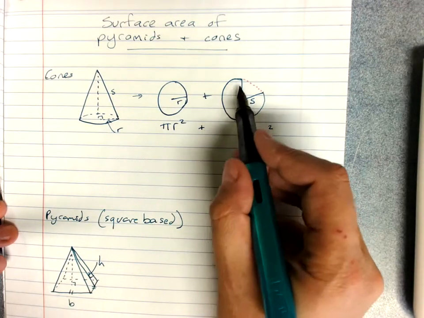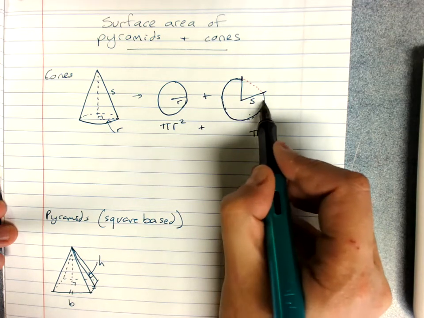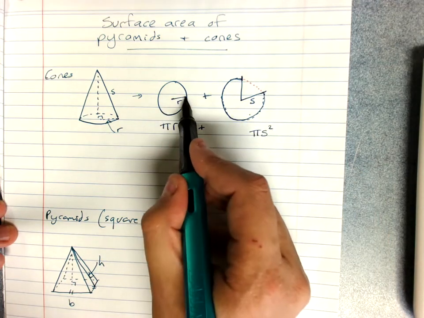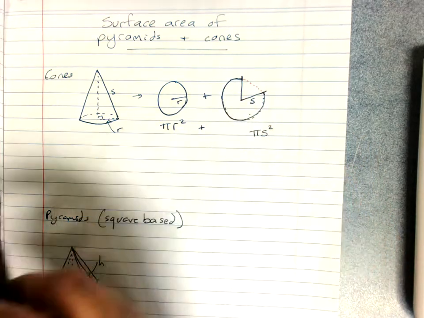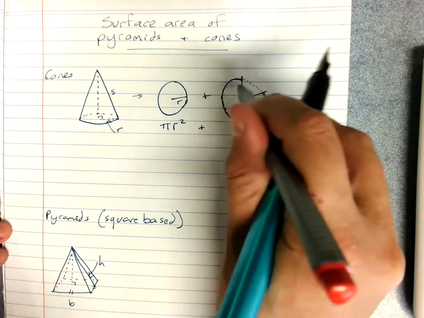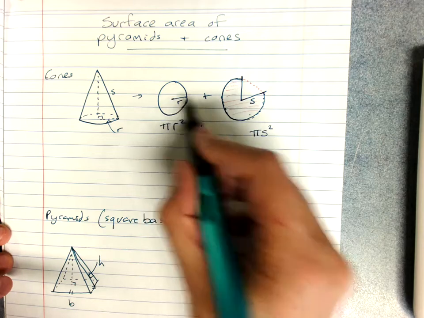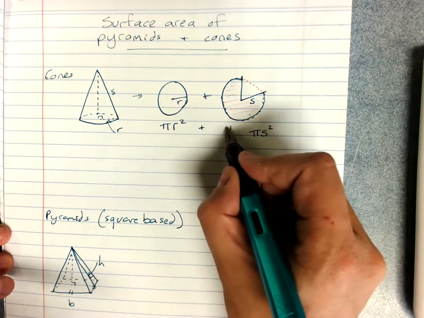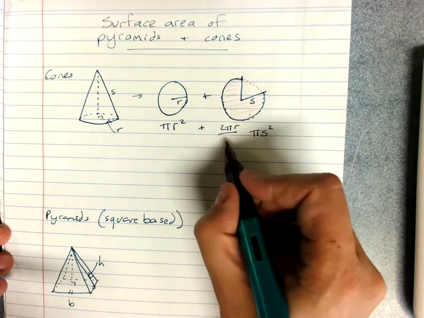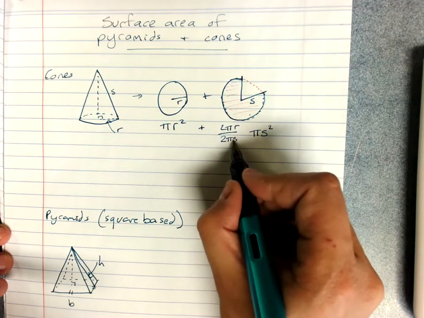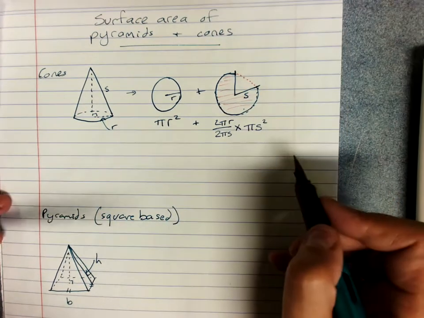Fortunately, we know this distance all the way around the sector because it's the circumference of the smaller circle. So the fraction of a circle that we have here, that we need the area for, can be worked out by finding the circumference of the smaller circle, 2 pi r, divided by the circumference of the larger circle, 2 pi s, and since that's the fraction of this circle we have here, we multiply it to get the area of the sector.